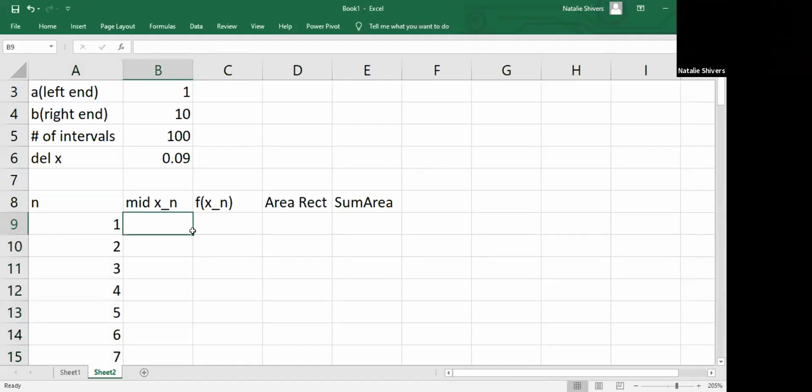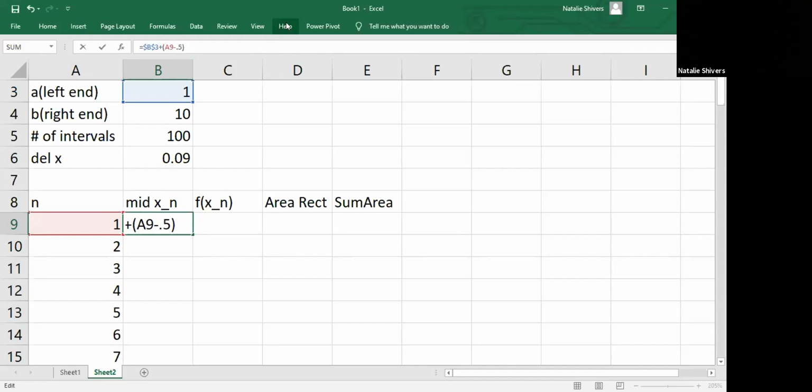All right, so mid x sub n is going to have an extra piece in it. It's going to start in the same location where you have that $B$3, plus before we did A9 times. Now we need A9 in parentheses minus 0.5.